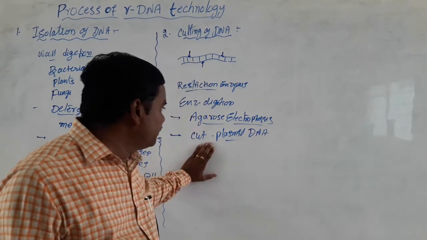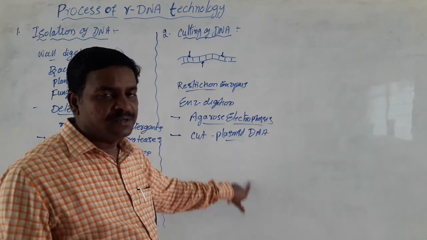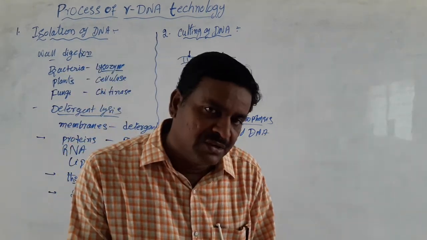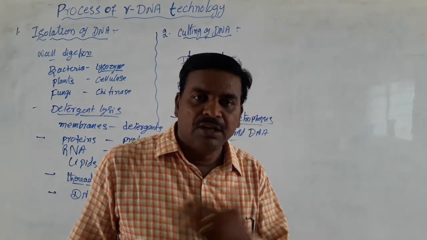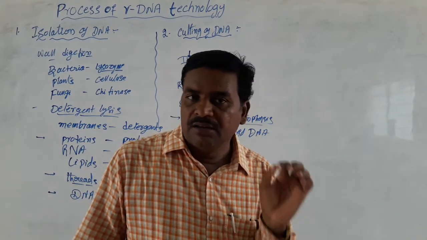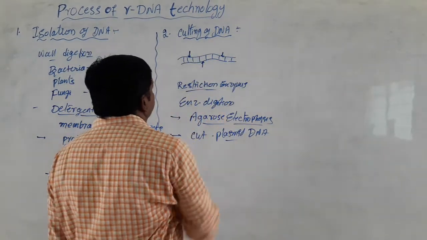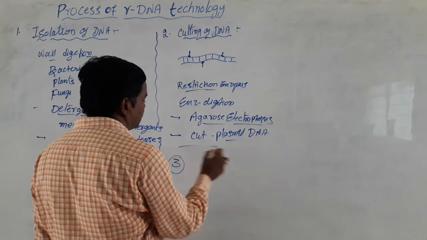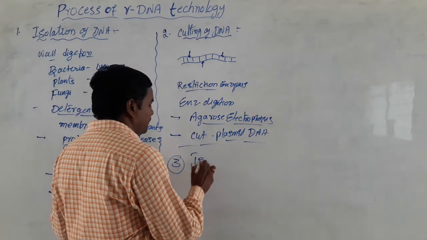When the same enzyme is used for the digestion of DNA and of the plasmid, it leaves fragments with the same complementary bases, so that they can unite with each other again when DNA ligase is supplied. Now coming to the third step, isolation of desired DNA.